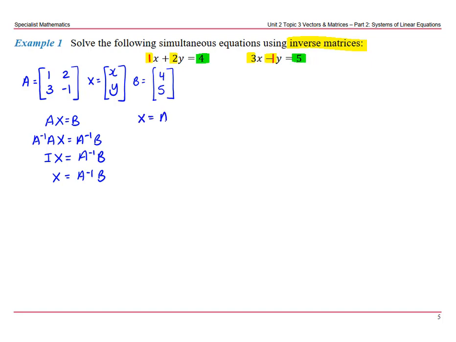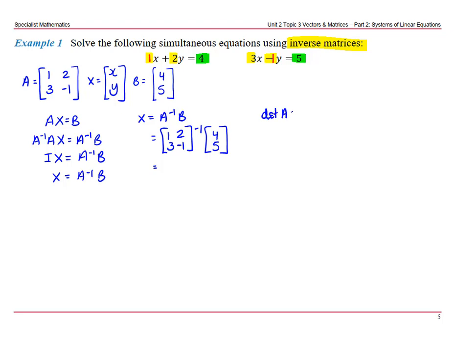So that's going to be 1, 2, 3, negative 1 to the power of negative 1 times 4, 5. Now you could go straight to your calculator in a tech active exam. If it's not a tech active exam, we need to work it out by hand.